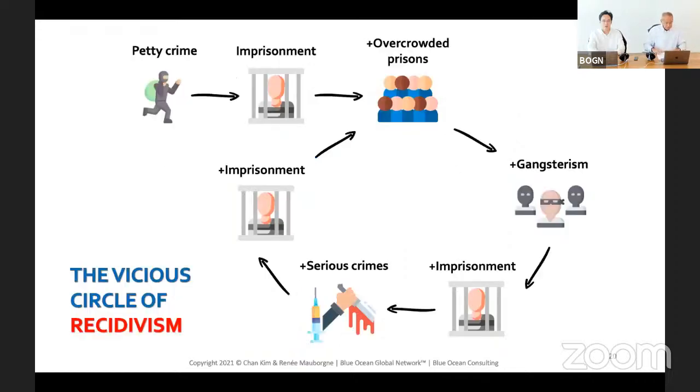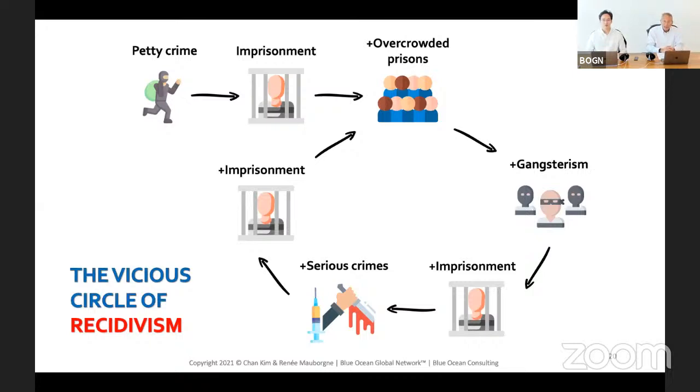So what will happen? We go into a situation we call a vicious cycle of recidivism. Recidivism is a revolving door. Let's say, for example, somebody is forced into petty crime because of social inequality, the fast development of one sector like the economy, and rural and urban development not being at the same speed.